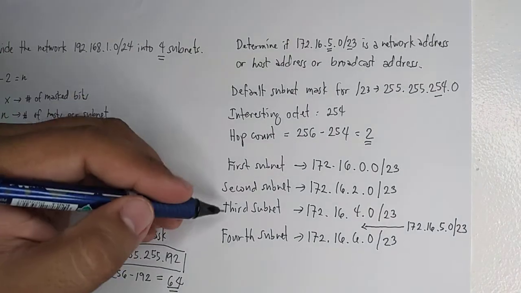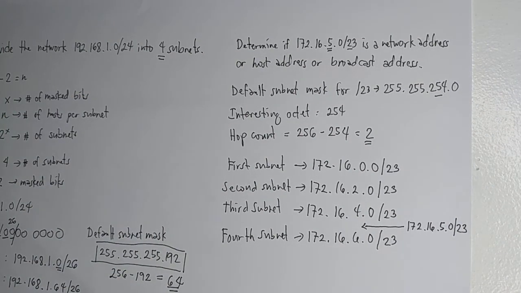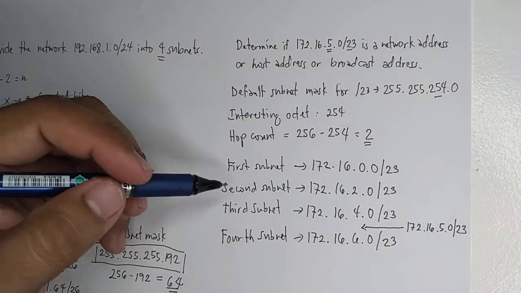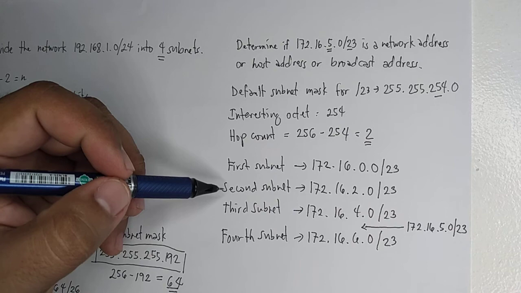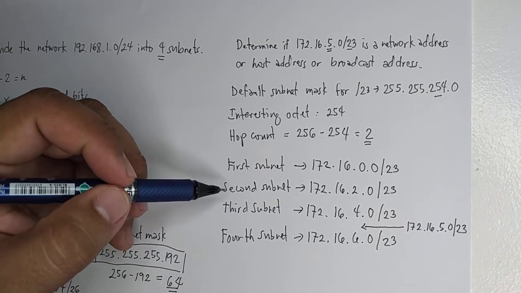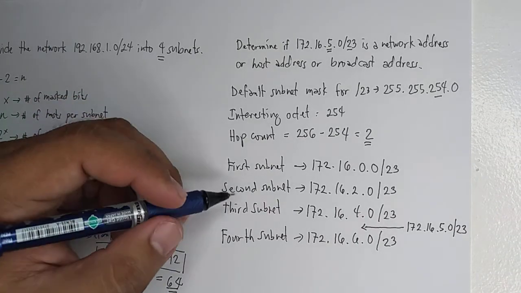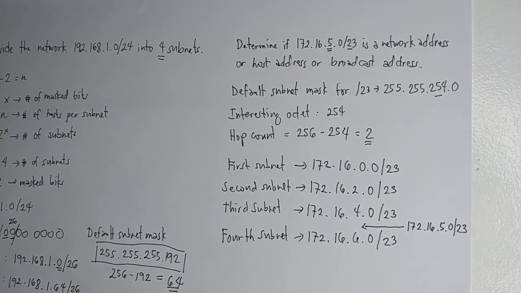These subnets here are our network addresses, and the address prior to the next subnet is our broadcast address. Therefore, we can say that 172.16.5.0/23 is actually a host address belonging to our third subnet.